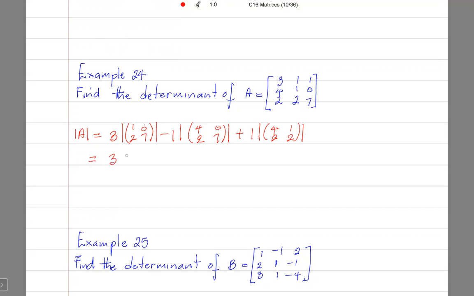This is 3 into 7 minus 0, minus 1 into 28 minus 0, plus 1 into 8 minus 0. So this is 21 minus 28 plus 8. So it appears that the determinant here is 1.